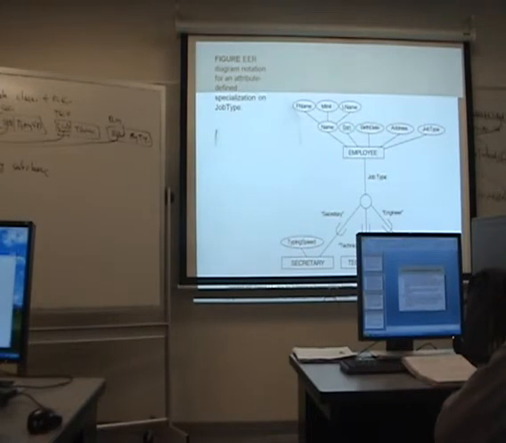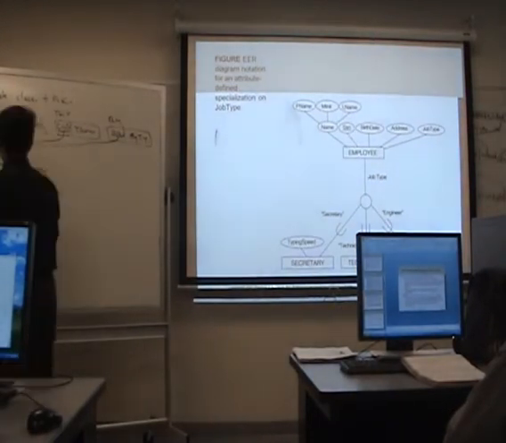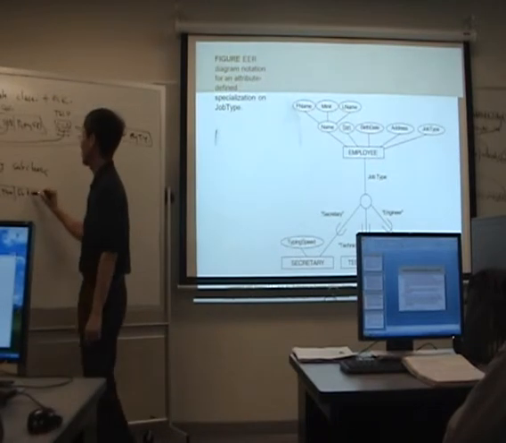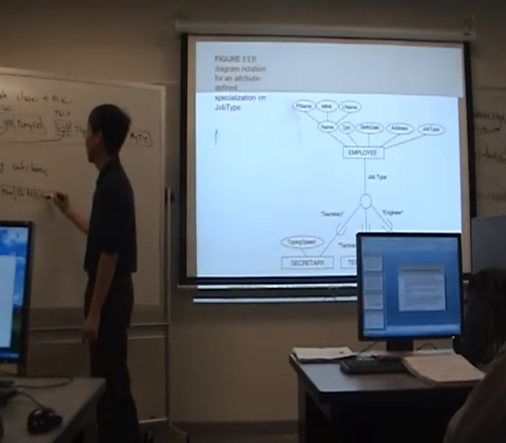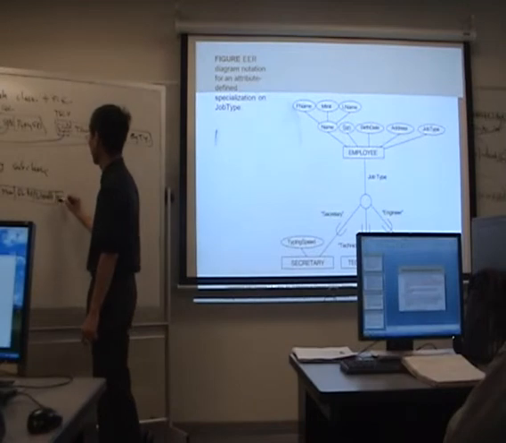Actually, you don't have to mention the job type. It's already secretary, right? Doesn't matter. Technician: primary key SSN, and T grade. Same thing: first name, middle initial, last name, DOB, address, and job type.